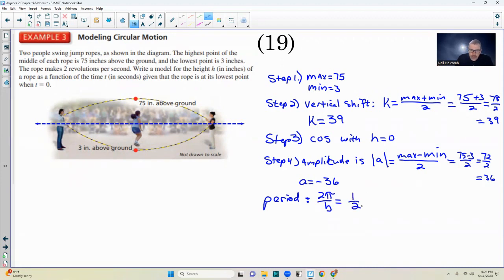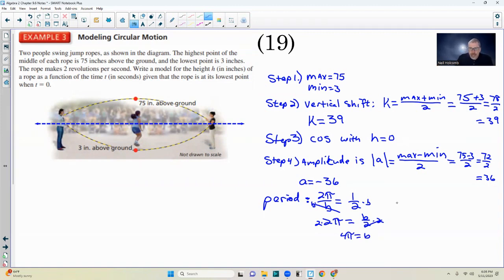So if I solve for b, I want to multiply both sides by b. Get rid of the denominator first. We're trying to get b by itself, and we don't want it in a denominator. So I'm going to multiply both sides by b. These cancel, and I get 2 pi equals b over 2. Now multiply both sides by 2, and I get b equals 4 pi.